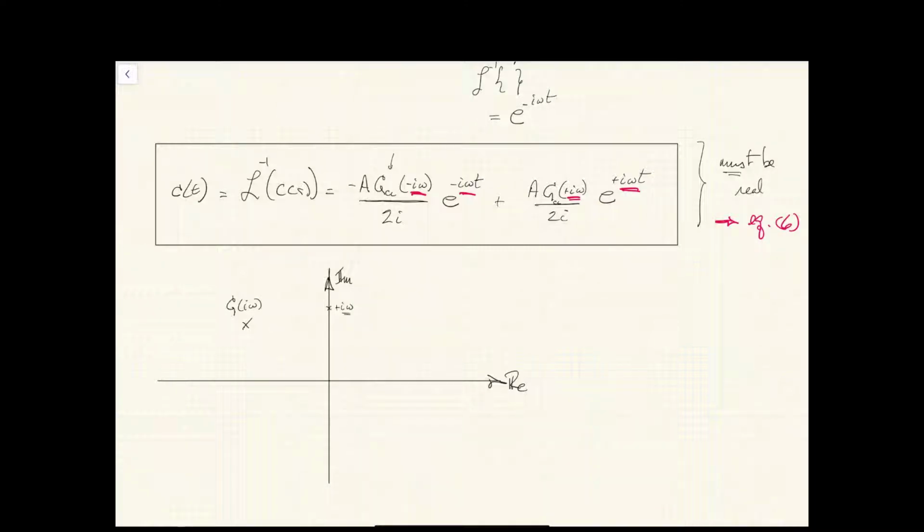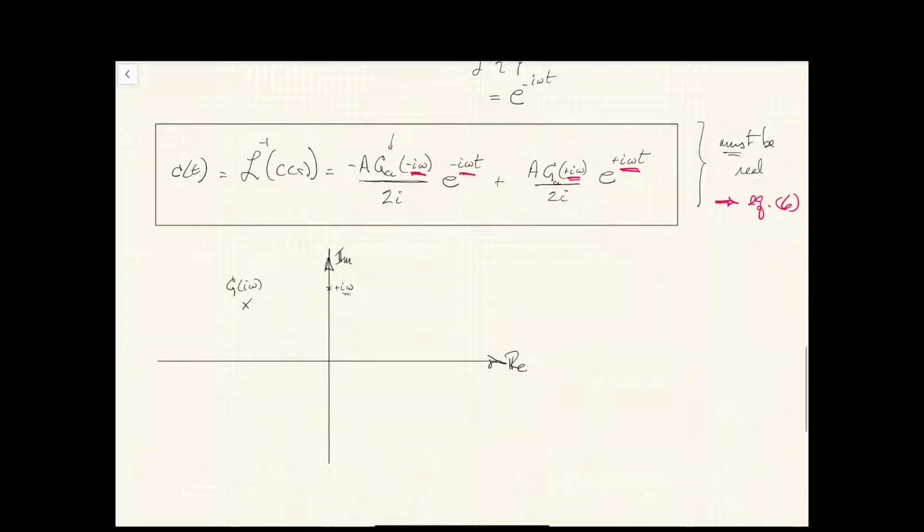That's the answer that I have. I better be on the left-hand side of things. And similarly, in order for this to be real, I'm going to have the complex conjugate of that G of I omega on the other side for minus I omega, right there. And they're going to come off as a complex pair.